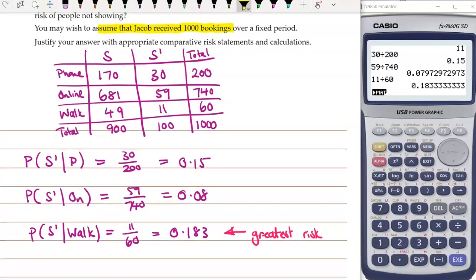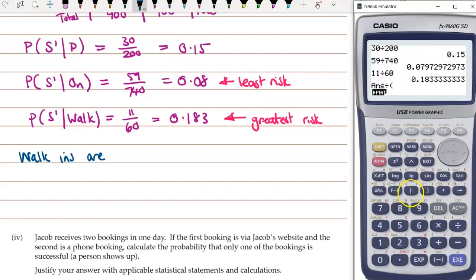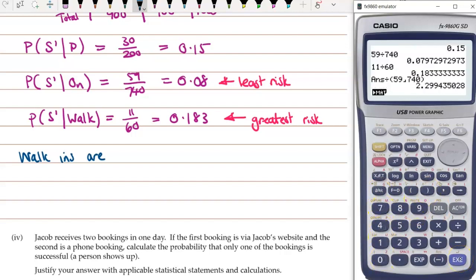Now in the question it asked us to work out appropriate comparative risk statements. So we need to say how many times more risky they are. And we'll do it by comparing it to the least risky one here. So if we do the 0.183 divided by 59 out of 740, we can see it's 2.3 times as likely.